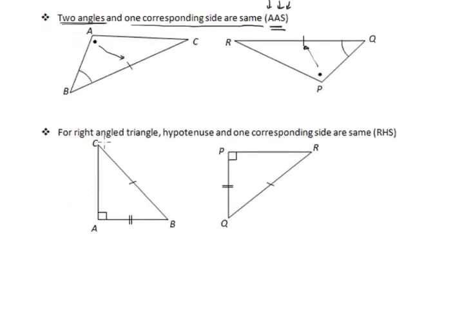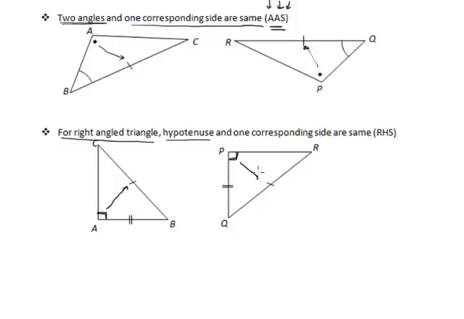The fourth condition is for right angle triangles, that is if one of the angles is a right angle, that is 90 degrees, then the hypotenuse, that means the side opposite to the right angle. So for example, in this triangle BC is the hypotenuse and here QR is the hypotenuse.